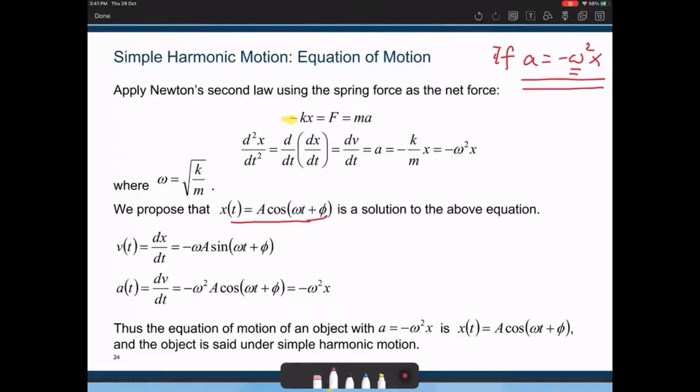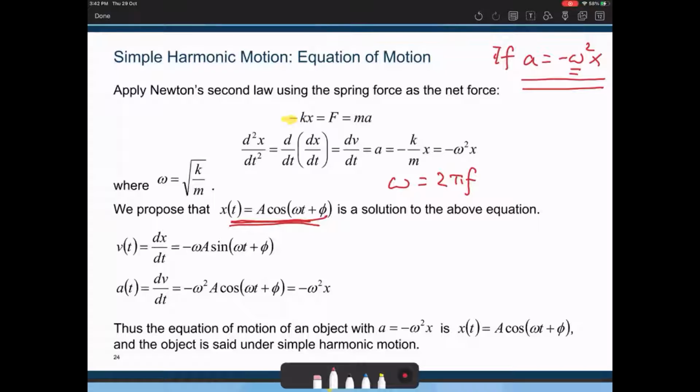So you could see why omega is important, because omega goes now into the cosine function. And from the study of the waves, we know that omega is the angular frequency, and it is related to the frequency by the equation omega equals to 2 pi f.